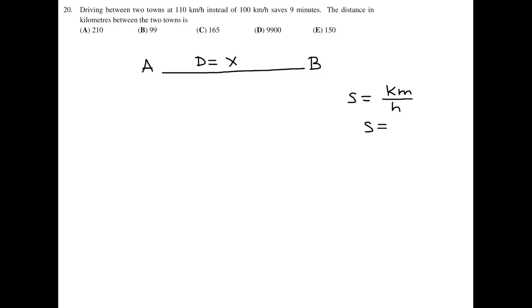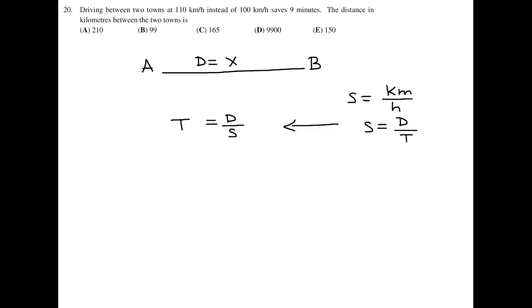So speed is equal to distance over time. Just a standard formula. So we can manipulate this formula and make it into time. So time is equal to distance over speed, like that.